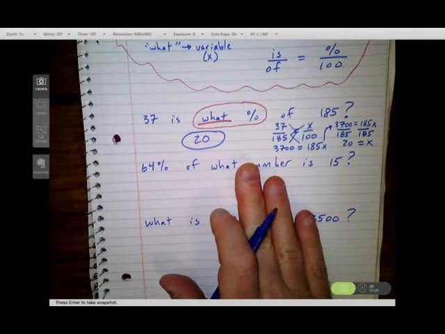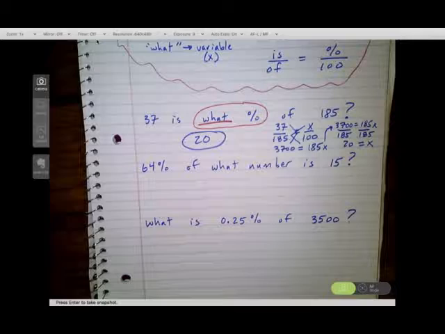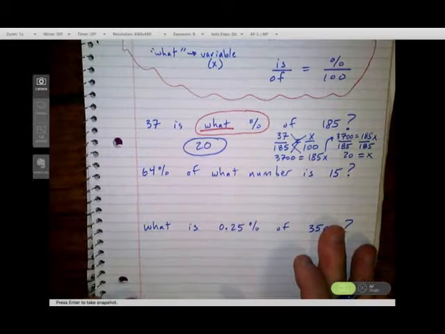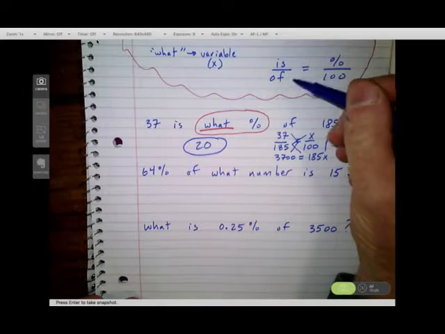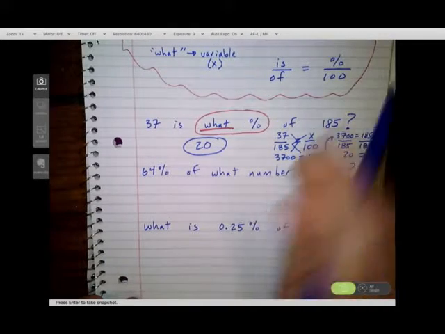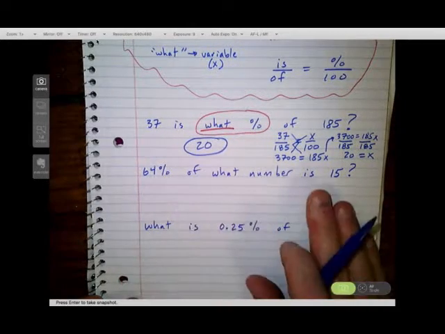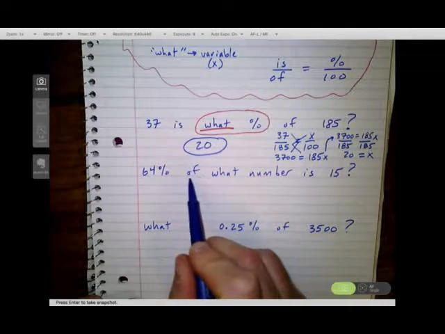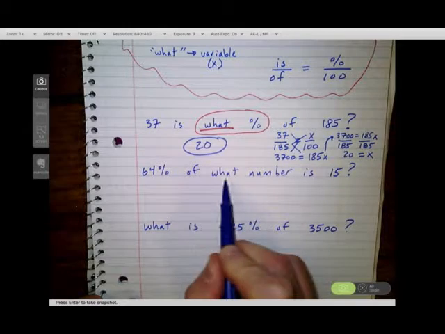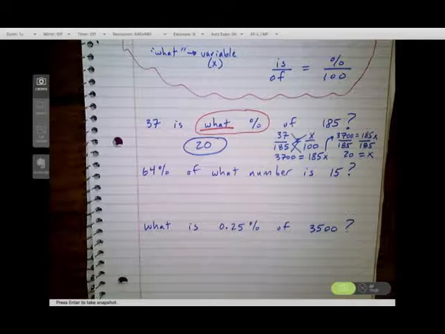Okay, I left myself more room for these, so hopefully it'll be a little bit clearer. But again, we just use our equation, and this one's probably a good one to get started. Is over of equals percent over 100. And you just identify what goes where, and you identify where the variable goes by looking for the word what.